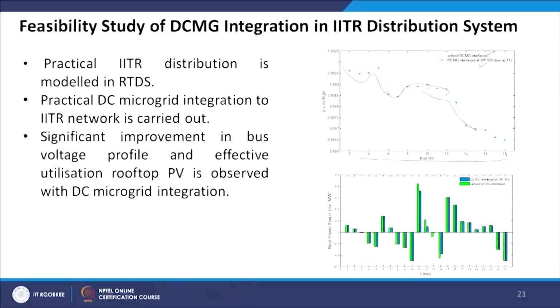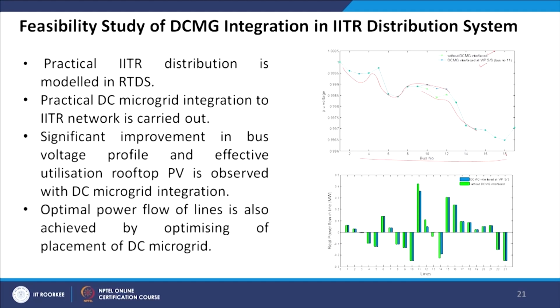A significant improvement in bus voltage profile and effective utilization of PV is observed with the help of DC microgrid integration. Optimal power flow of the lines is also achieved by optimizing the placement of the DC microgrid. The DC microgrid can be placed at different locations. So, by varying the location, we felt that optimal utilization of the lines as well as the voltage profile can be achieved.